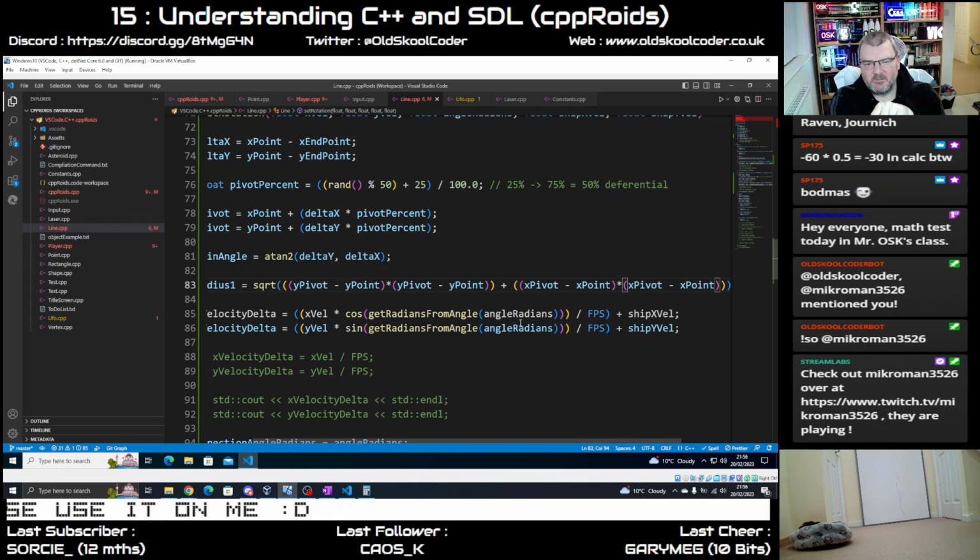Y pivot, which is low, minus that one, squared, plus the X pivot. Right.